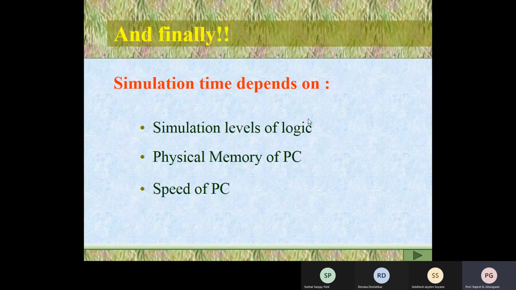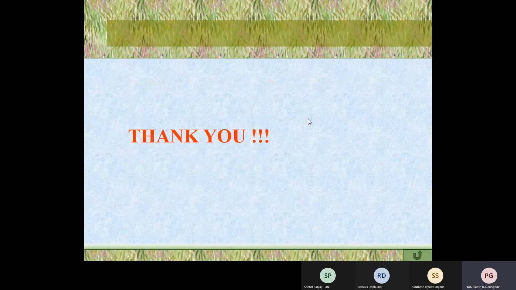Fortunately, the speeds of computers have gone very high in recent years, so you can definitely make the most of it. Simulation now is faster than it used to be in the previous decade. All right. So this is as far as simulation levels and simulation issues are concerned.